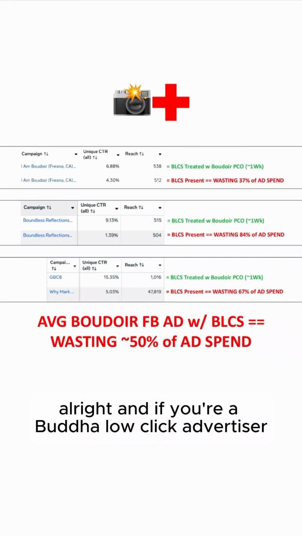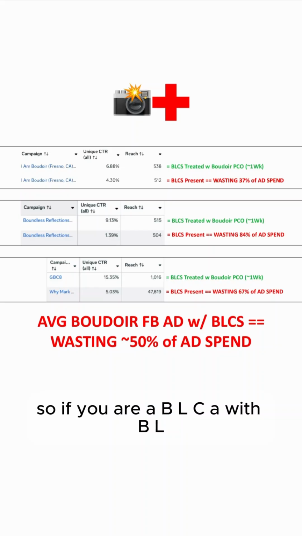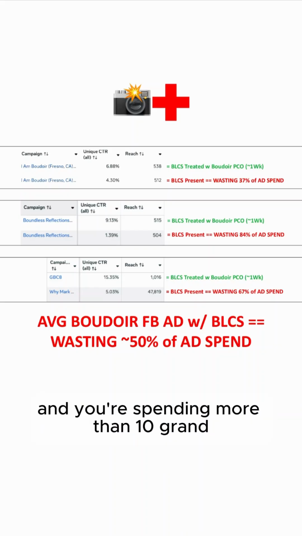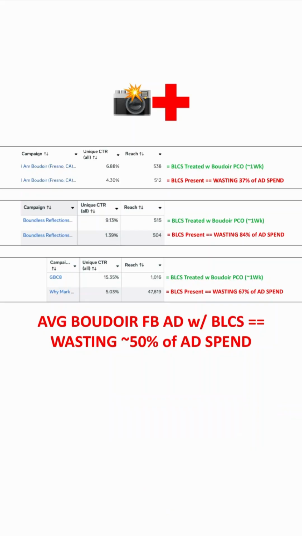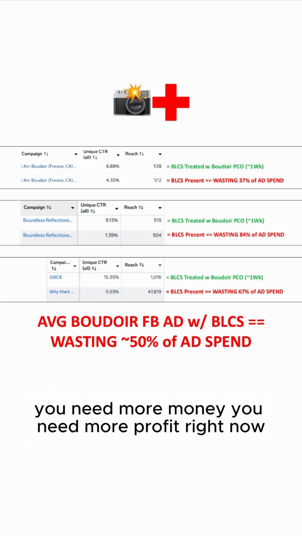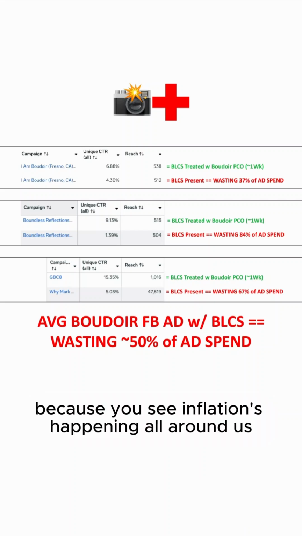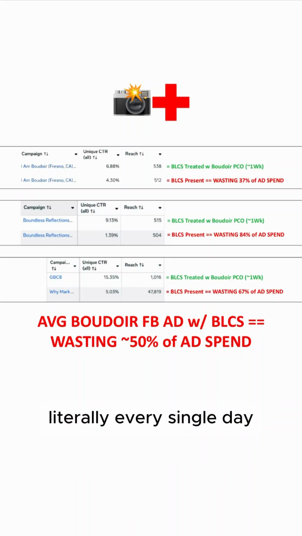All right, and if you're a Boudoir low click advertiser with Boudoir low click syndrome, so if you are a BLCA with BLCS and you're spending more than 10 grand a month on Boudoir Facebook ads, and you've decided you got to pull more efficiency out of the business right now, you need more money, you need more profit right now, because you see inflation's happening all around us, you see more women becoming boudoir photographers literally every single day.